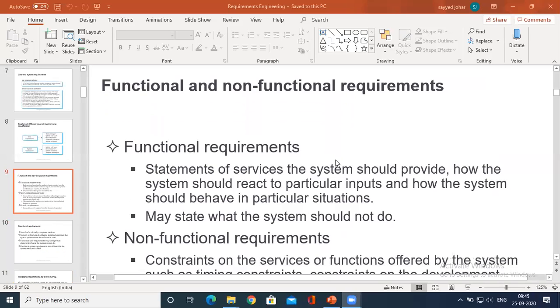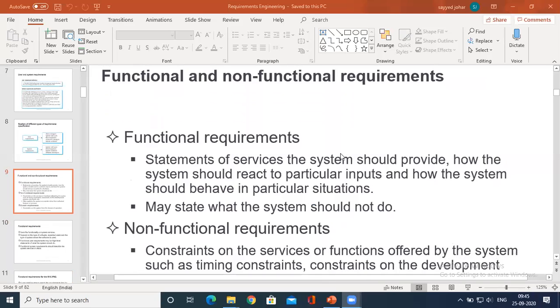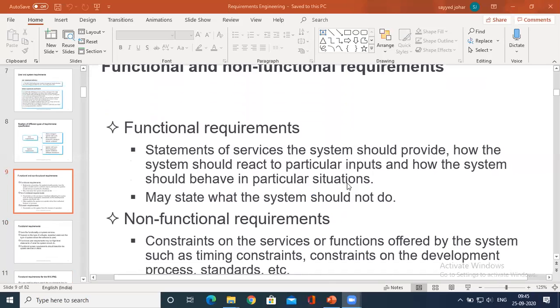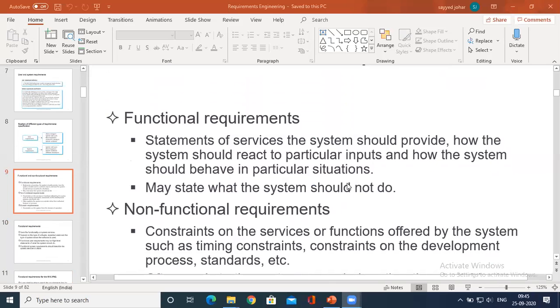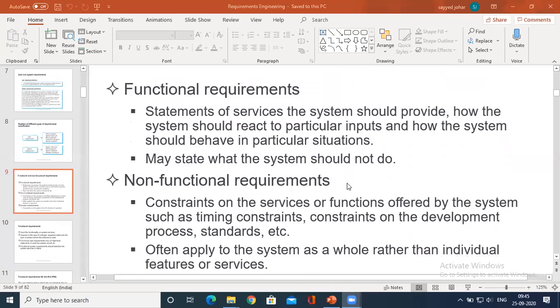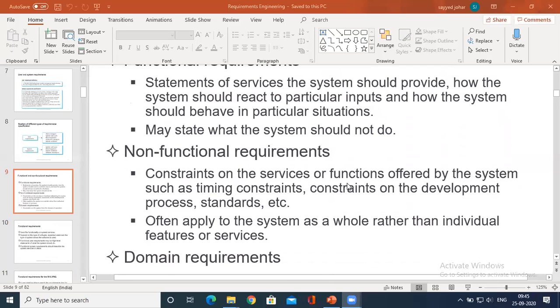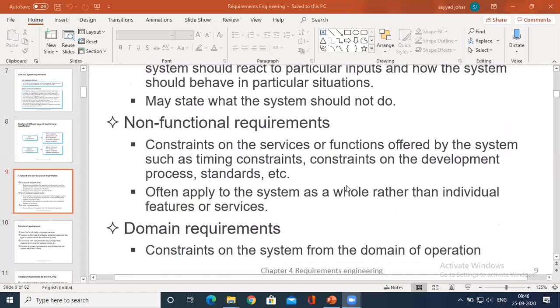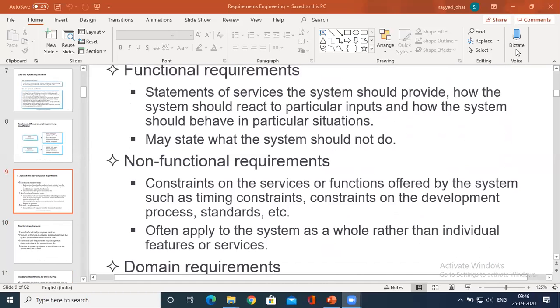So now coming to the main concept, what are functional and non-functional requirements? What could be the functional and non-functional requirement? And one more is a domain requirement. So let us not discuss domain requirement.